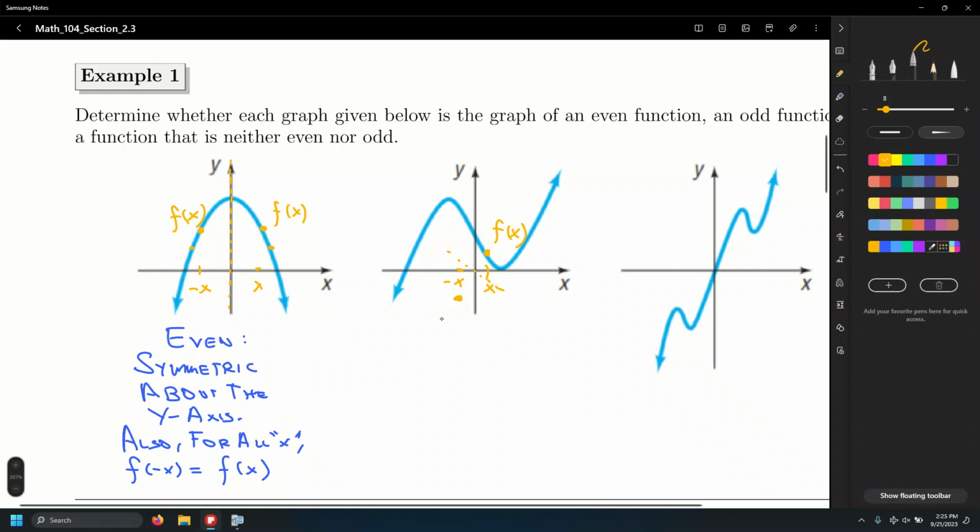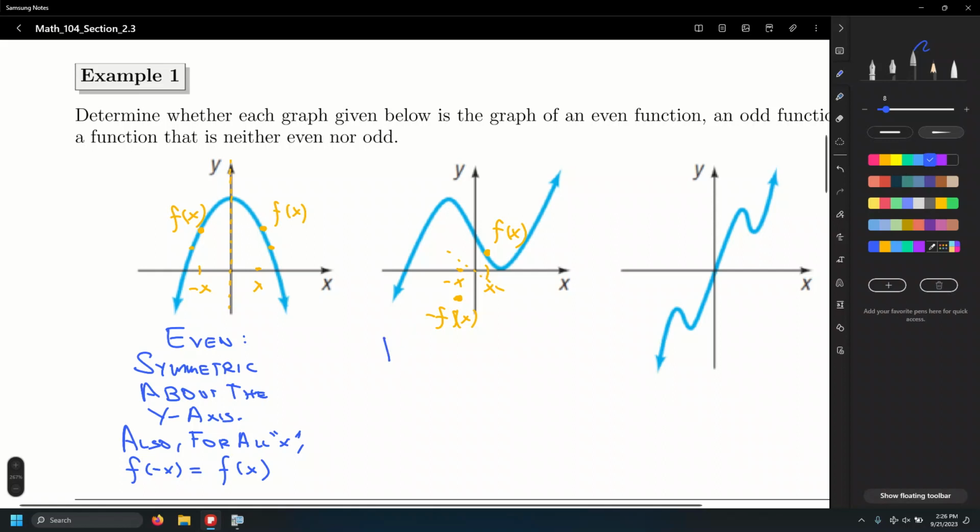That is where negative x becomes negative f of x. But it's not. Actually, that's a point in the middle of nowhere. Instead, I have this point over here. So from here we can see that there is no symmetry at all.